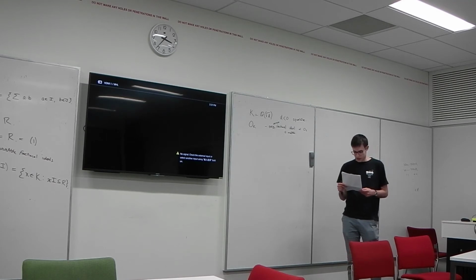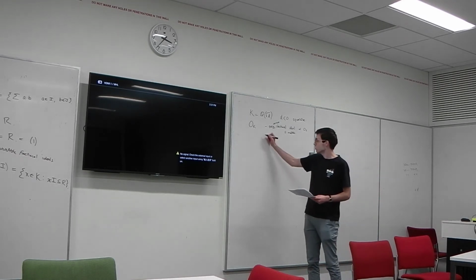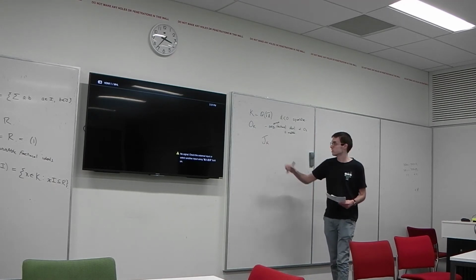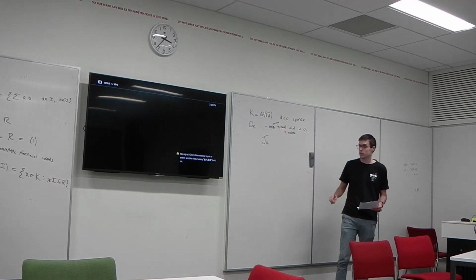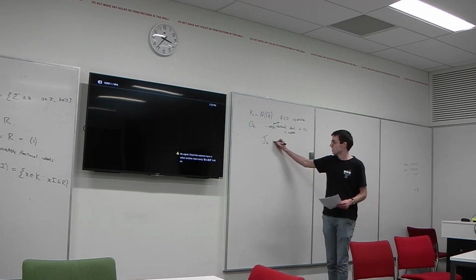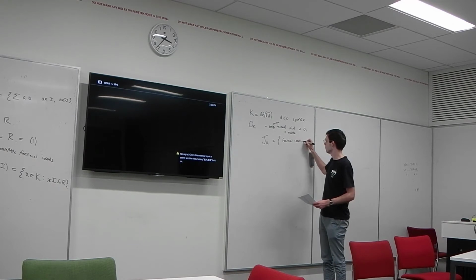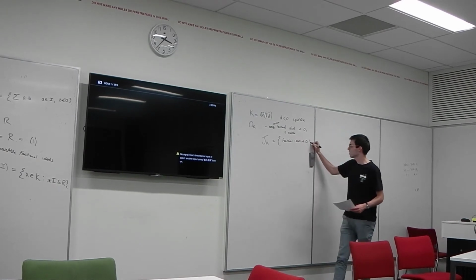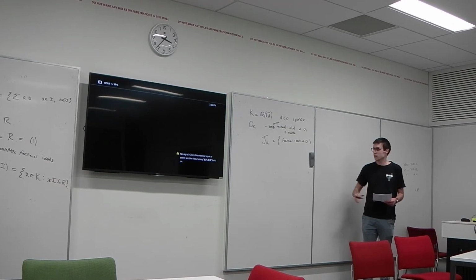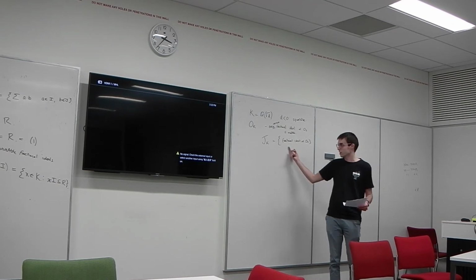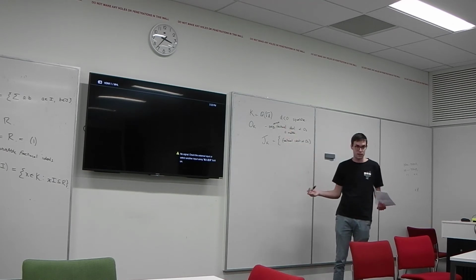We're going to call the group of all the ideals J_K of this number field. This is the set of all fractional ideals of O_K. So this is a group. Like I said, we can multiply ideals, and the identity is the ring itself, which is O_K.